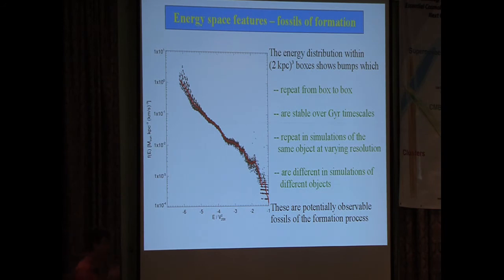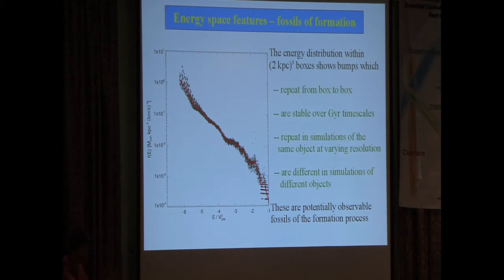And it turns out that what we're actually seeing is the fossil structures of the assembly history. Because, for example, say there's a bump at this point. You can see this is slightly higher, about 20% above the smooth curve, or here. You find the reason there are more particles with this energy is because sometime long back in the history, something fell in and was disrupted, and it put all its particles on some particular range of energies in energy space.